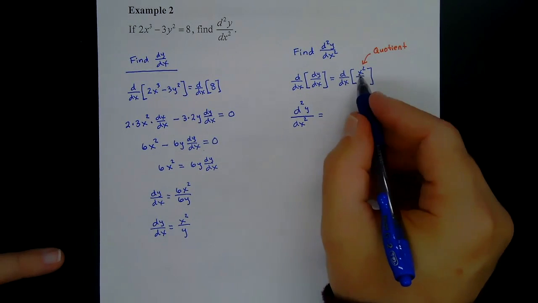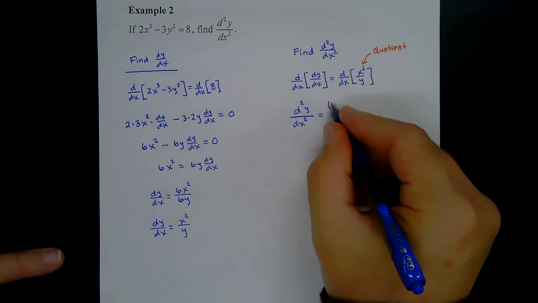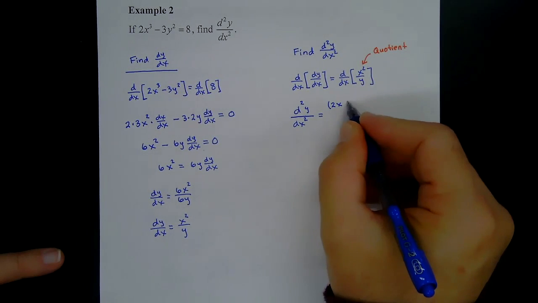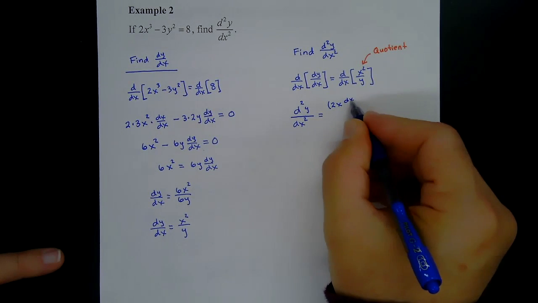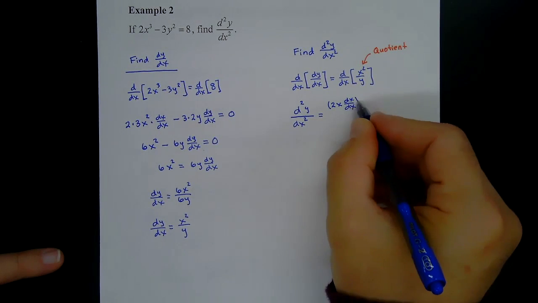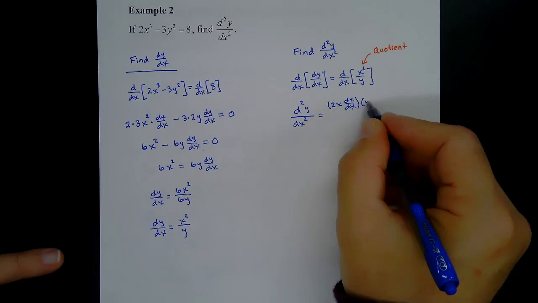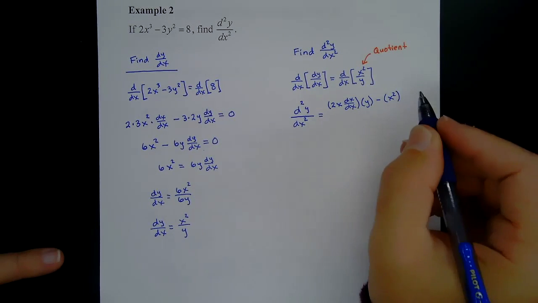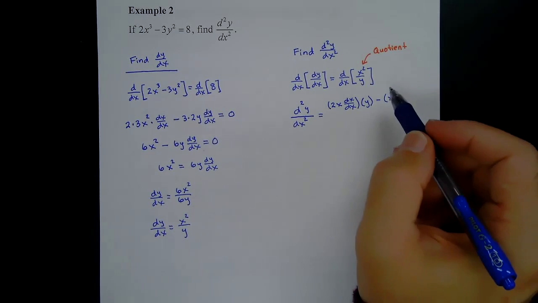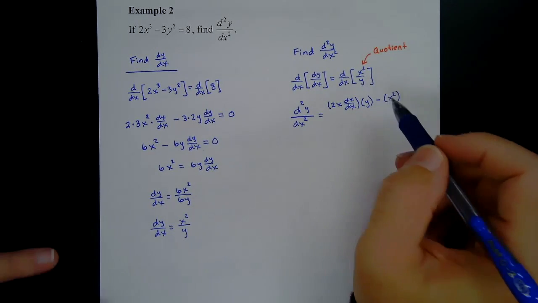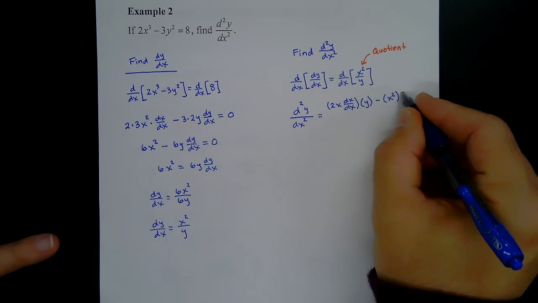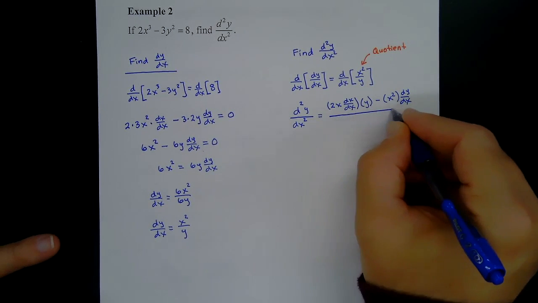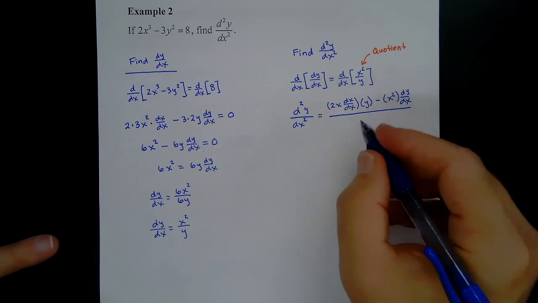That is going to be 2x times the derivative of the inside with respect to x, so times dx over dx, times the bottom, which is y, and then minus the top, x squared, times the derivative of y with respect to x. That would be dy over dx, all over the denominator, which is y squared.